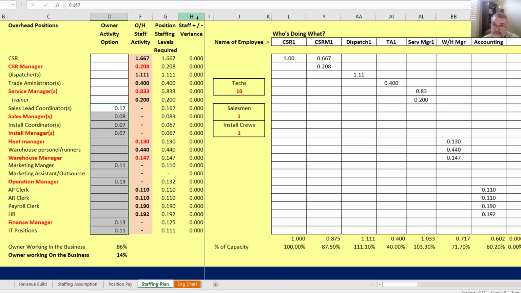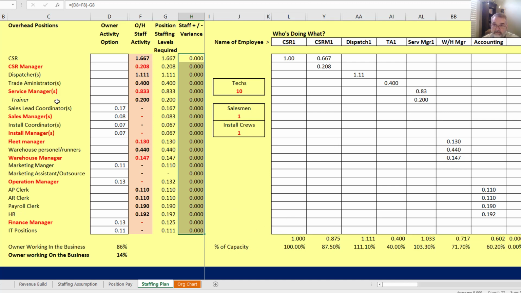But the key here is this column here has to be a 0. So you fill it in here or you fill it in here for this to come to a 0. And that tells you, this will scale it up by head count, how many people you need, based off of your production. Right? So now this is a 19-person company.